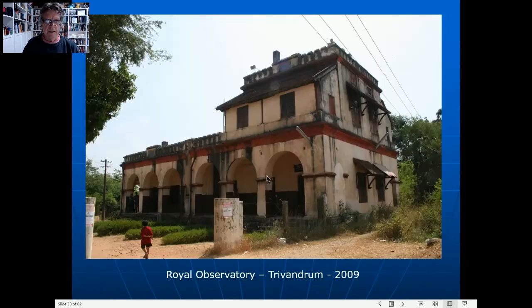Okay. Now that's the Royal Observatory. It looks a bit run down, and it is a little bit run down. You can see the observatory, basically the watchkeeper is there, and one of my colleagues, Dr. Archu Nair, is just standing there.